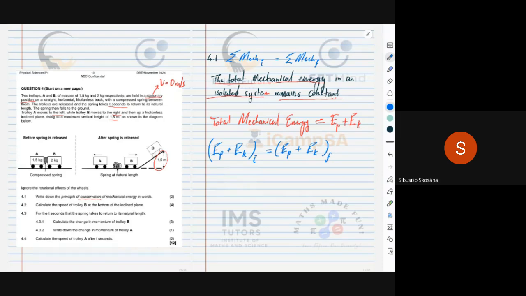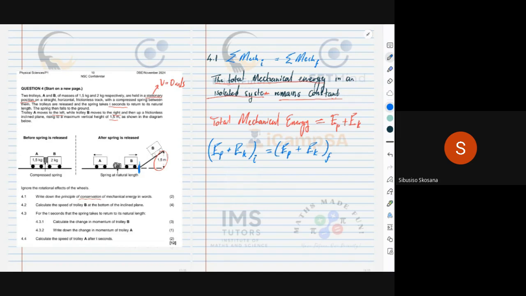So let's do this. Now, calculate the speed of trolley B at the bottom of the inclined plane. So they want it here, somewhere here. They want it of B. Let's use mechanical energy, what we just did here. Let me see how we can best do this.